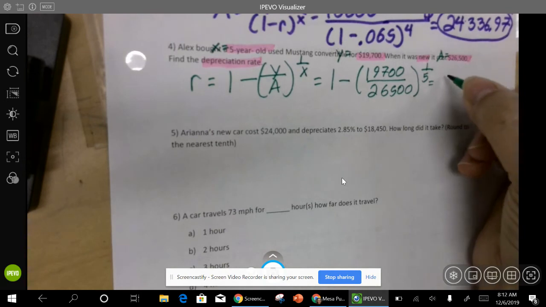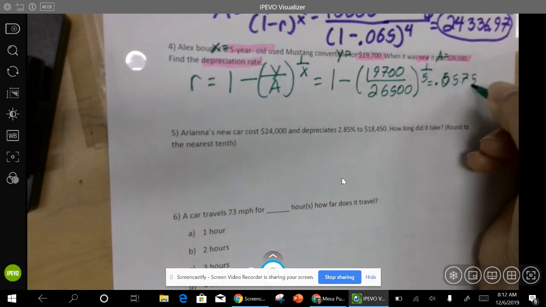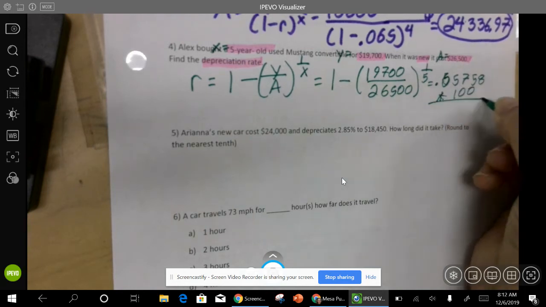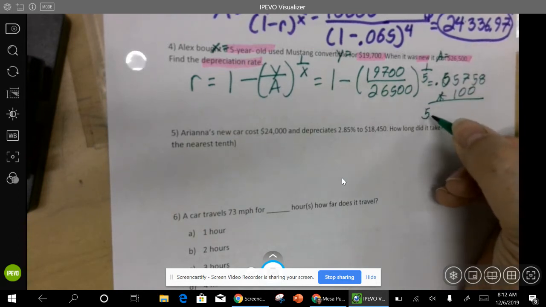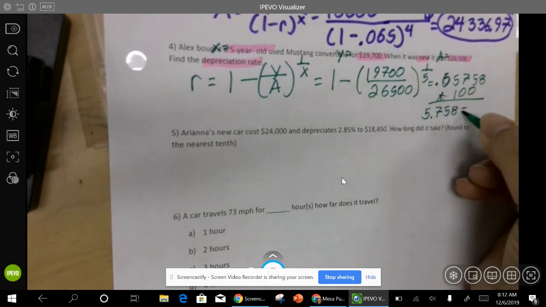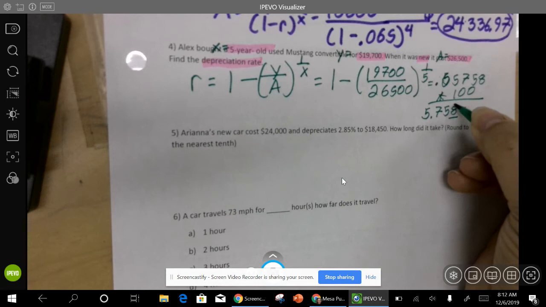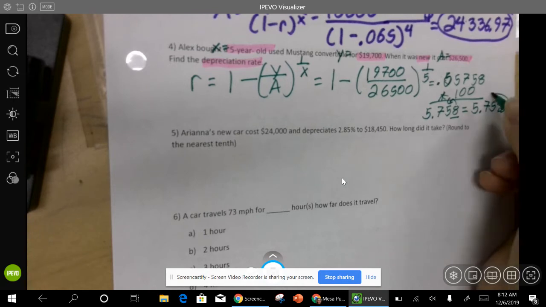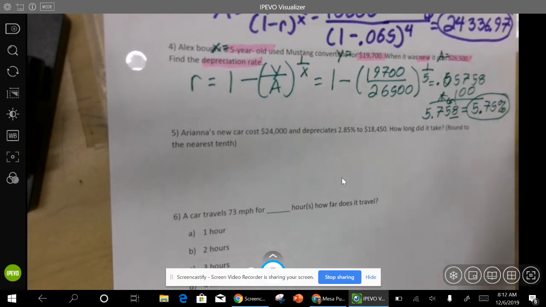I get a rate of 0.0575758. I'm going to multiply that by 100, so I get 5.758. I'm going to round it. Remember, 5 and up, round it up. So it's going to be 5.76%.